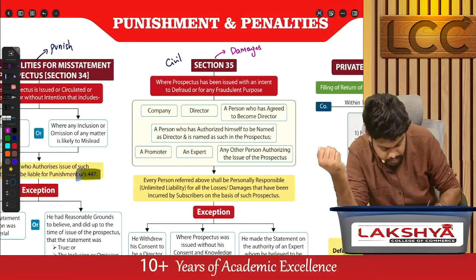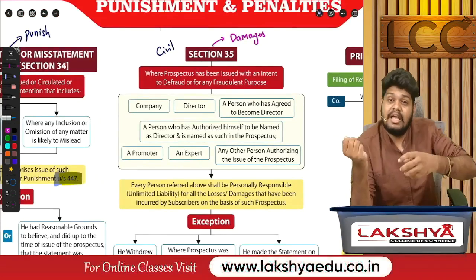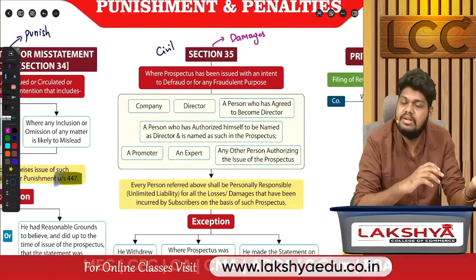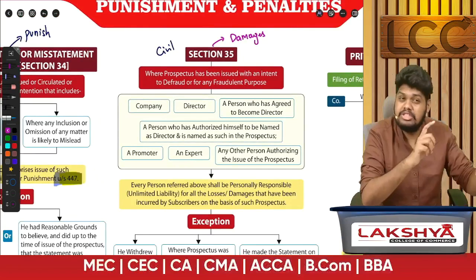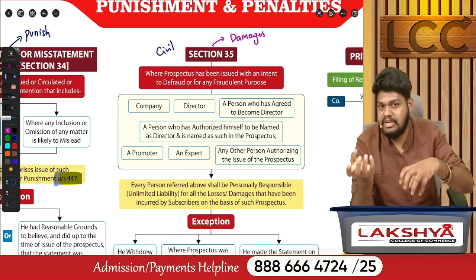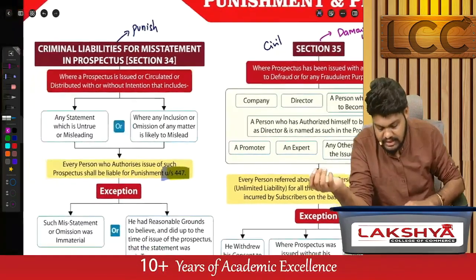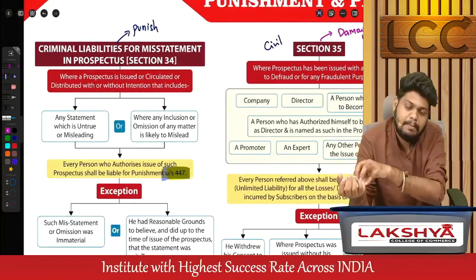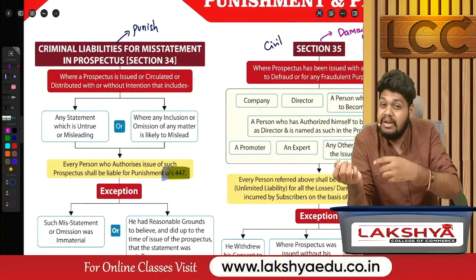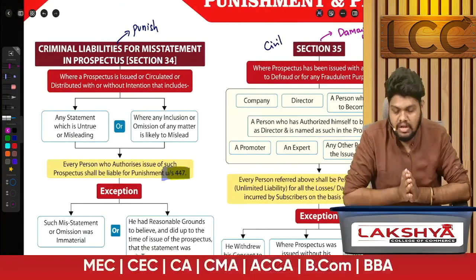It is not about penalties, but about collecting damages. It is thinking from the perspective of the shareholders who have incurred a loss. To protect those aggrieved shareholders, I am collecting damages, compensation for those losses from the defaulting parties. Under section number 34, I'm not collecting damages, I'm making sure that I'll punish them in such a manner that these kinds of defaults are not repeated in the future.